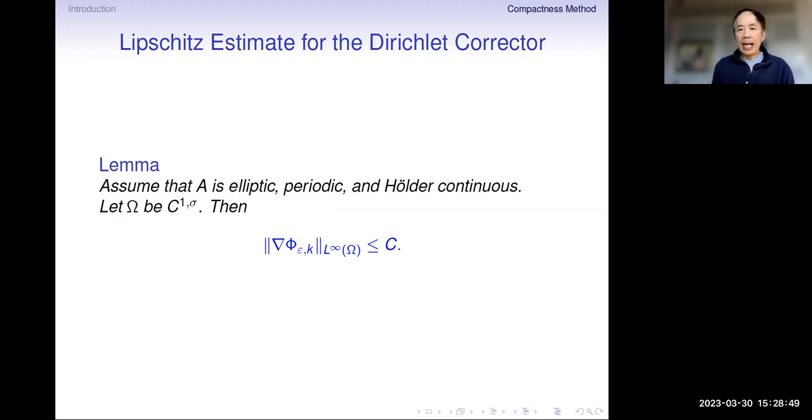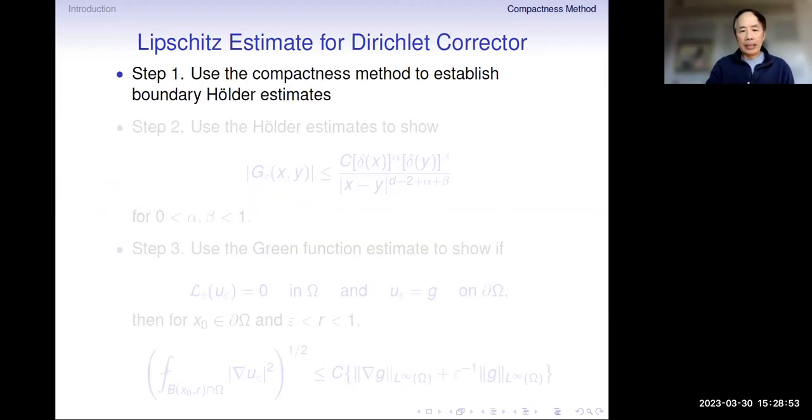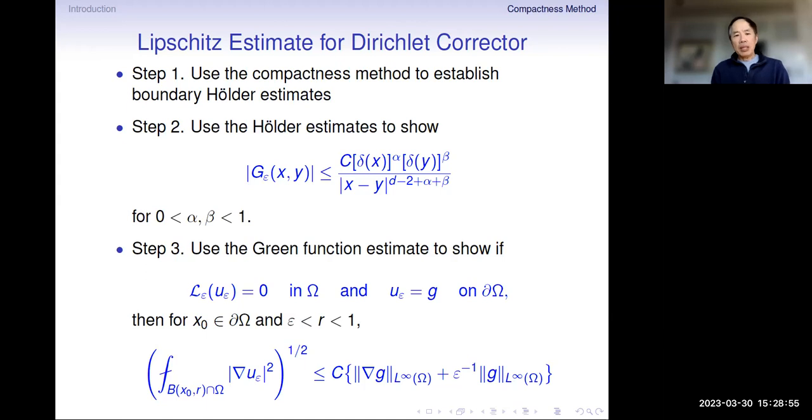So this is the key lemma in their paper. And this is quite complicated. There are several steps. First, you use compactness to do the boundary Hölder estimate, and then you introduce the Green's function, and then from step 1, you can do the Hölder estimate for the Green's function.